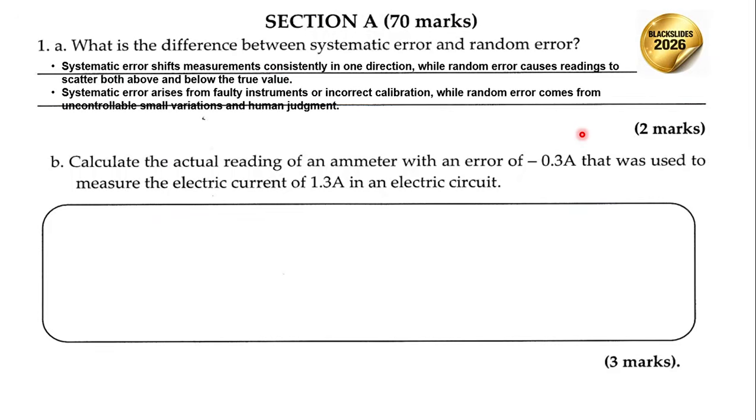Another important difference between the two is that systematic error arises from faulty instruments or incorrect calibration, while random error comes from uncontrollable small variations and human judgment. This again is 2 marks. It has 2 parts. Each part is 1 mark.